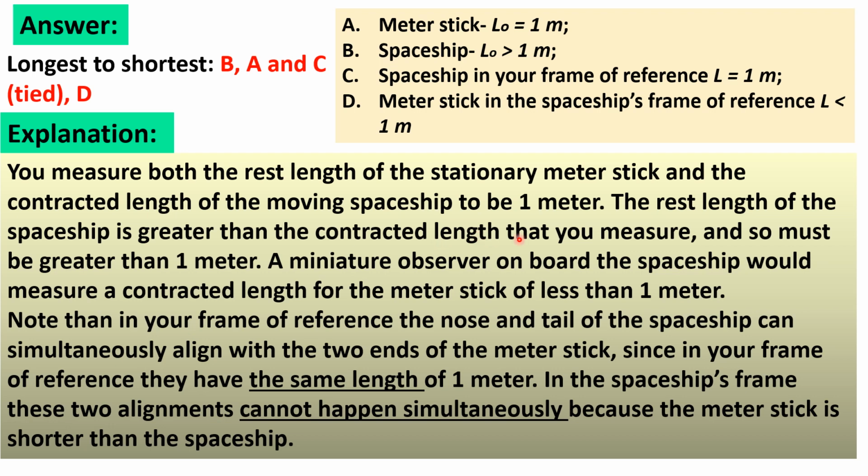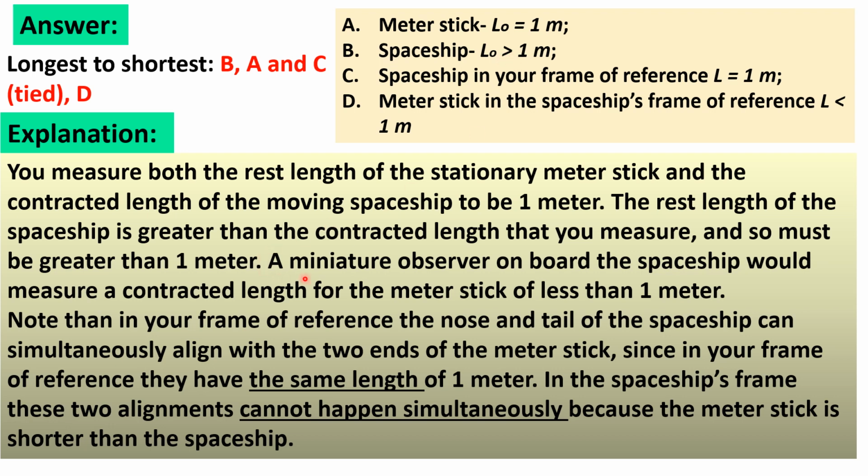Now, the rest length of the spaceship must be greater than the contracted length that you measure, so it must be greater than 1 meter, of course. This is what is reiterated in letter B: the spaceship's original length when measured from a rest frame is greater than 1 meter.